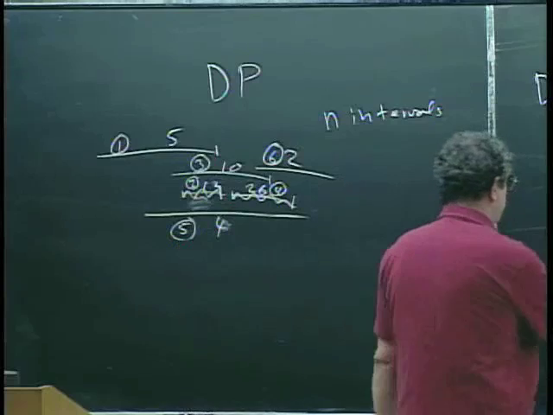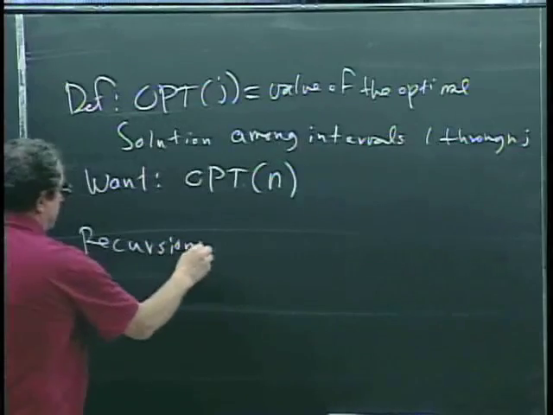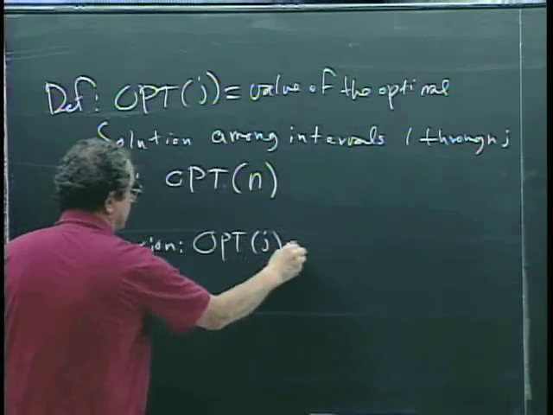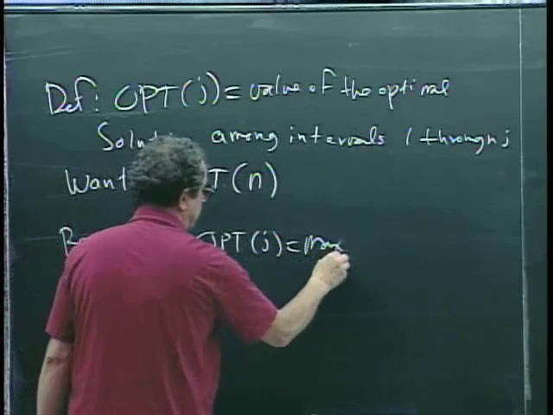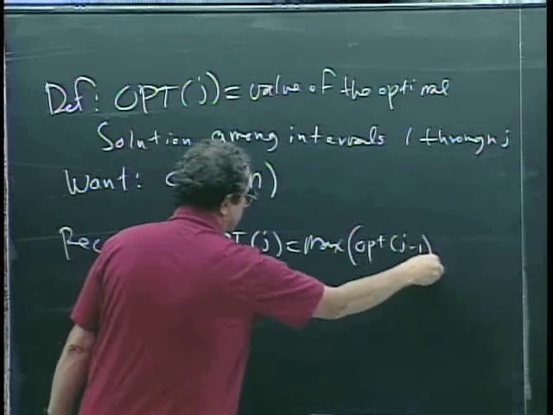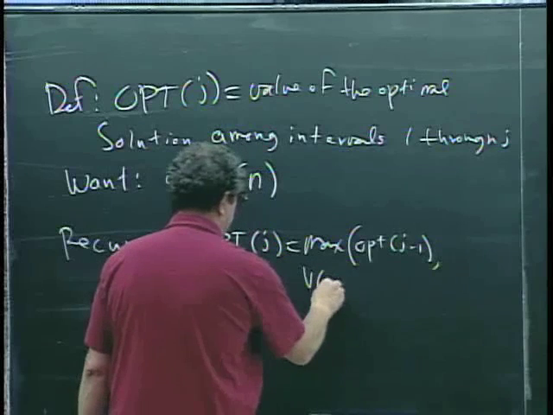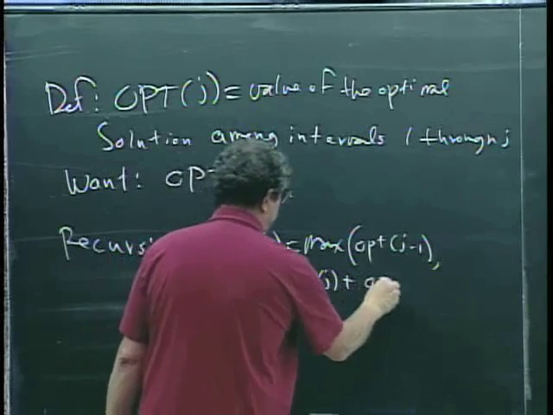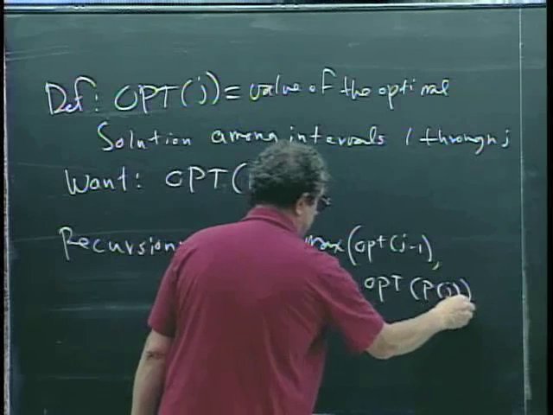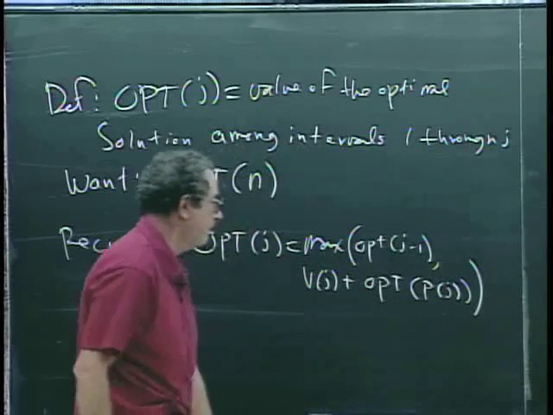And then what we did is we observed the recursion. We could express opt j as the max of opt j minus 1, or v j plus opt p j.